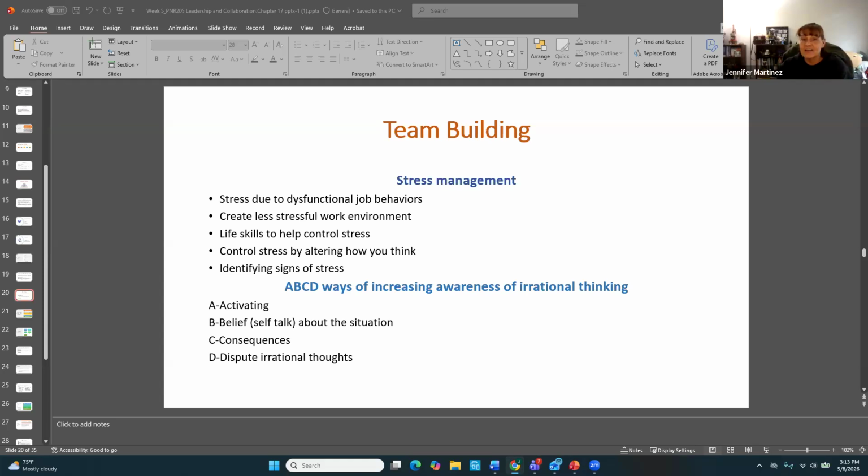You can hear it a lot of times in the tone of voice, high staff turnover. And then, of course, we worry about unhappy residents and families, and we don't need that as well. So again, you have the responsibility to be a stress manager and a role model for your team.